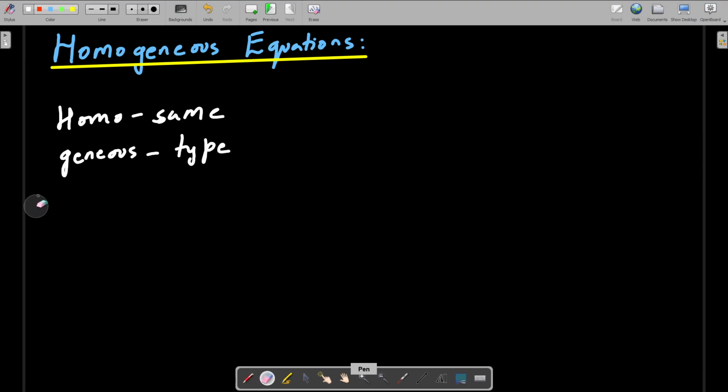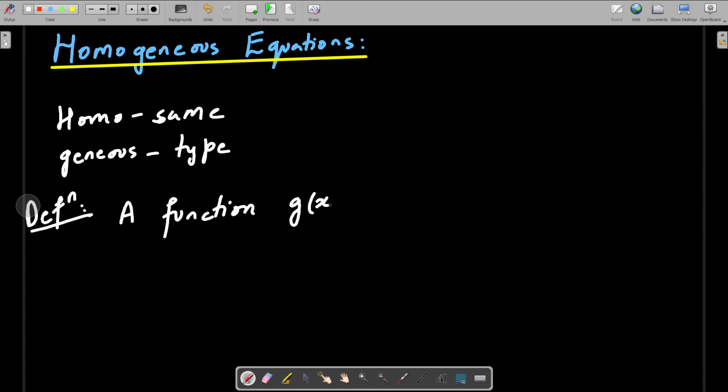Okay, so definition. A function g of x y, two variables.